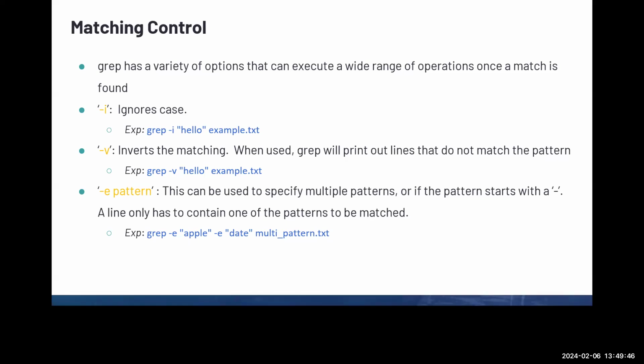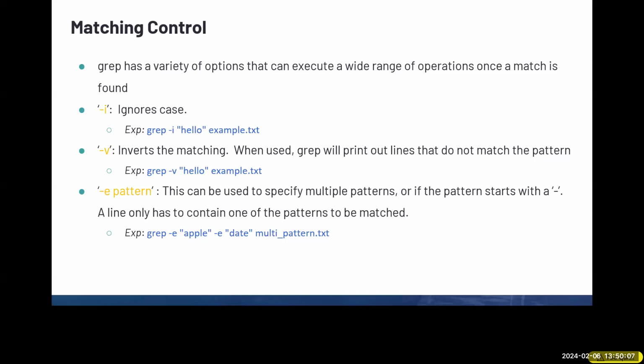We don't care if it is hello with lowercase or capital letters. We are looking for the word hello, and it doesn't matter if it is capital or lowercase, in the file example.txt.